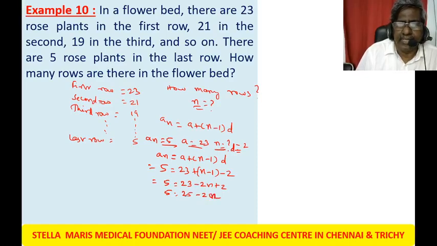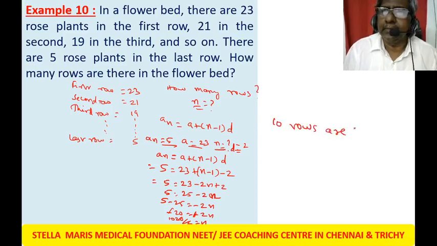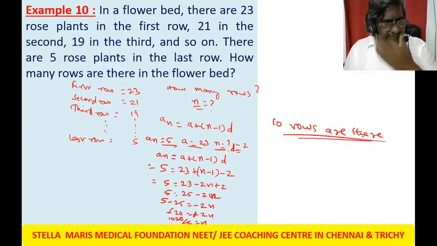So 5 minus 25 is equal to minus 2n, or minus 20 is equal to minus 2n. The minus signs cancel. Then 20 by 2 is equal to n, so n is 10. How many rows are there in the flower bed? There are 10 rows. Clear?